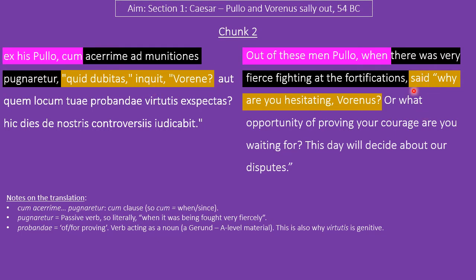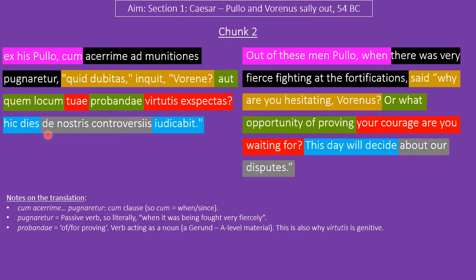Notice that I put said slightly earlier to make it make more sense in English. Aut, or, quem locum, for what place, literally, I've translated as opportunity, of proving, tuae virtutis, your courage, expectas, are you waiting for? Hic dies, this day, iudicabit, will decide, de nostris controversiis, about our disputes.